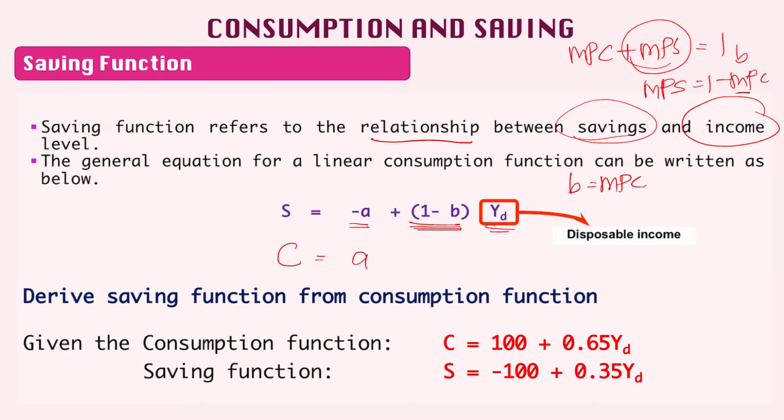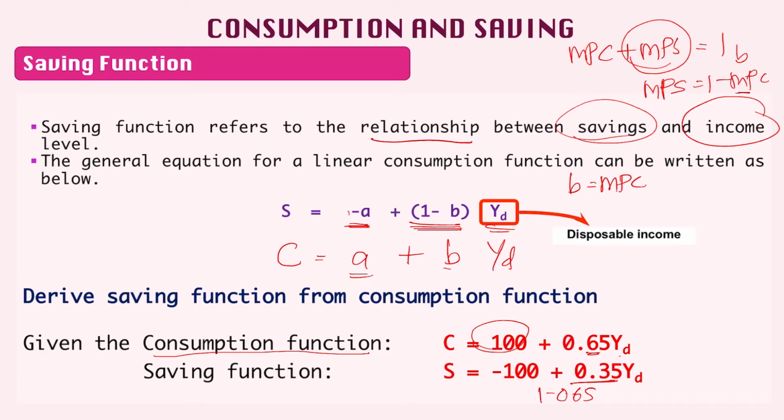In C equals A plus BYD, you change A to a negative value, and for B you put 1 minus B. For example, consumption function C equals 100 plus 0.65 YD. For saving, you change this value to negative 100, and 0.65 becomes 1 minus 0.65, which is 0.35 YD.